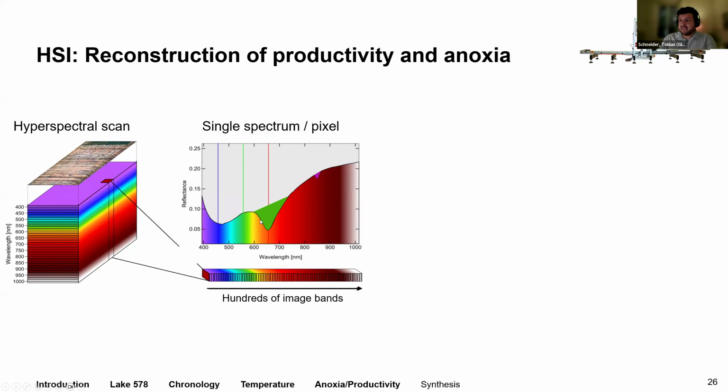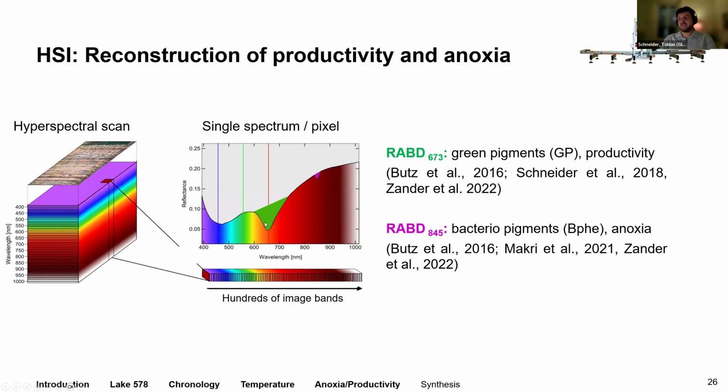And these troughs are directly linked to the content. So the more green pigments we have, the deeper this trough gets. And we can calculate this trough depth, so-called relative absorption band depth, and use that to quantify the green pigments, which are indicative of productivity, respectively the same for bacterial pigments for anoxia.